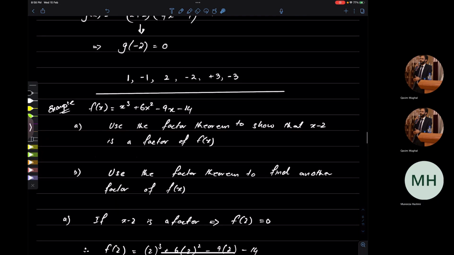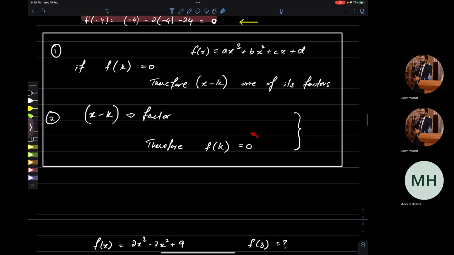Yes, sir. Remainder theorem is kind of this one. If I divide a polynomial by a factor, what do I get at the end? 0, isn't it? Change the sign, put it into the polynomial, f of k gives you 0. That's the same as the remainder theorem, isn't it? Change the sign, f of k should give you 0, or the remainder.